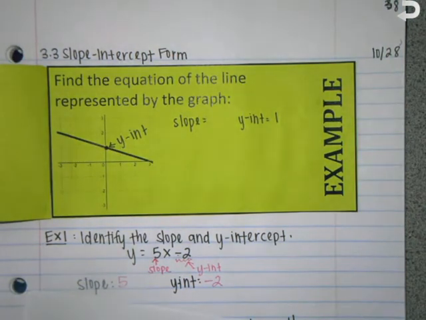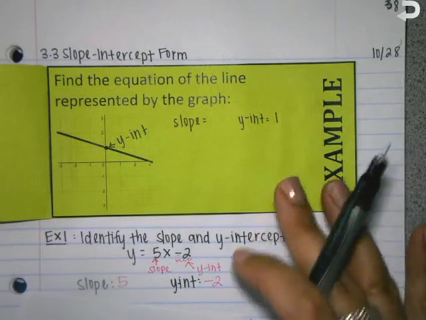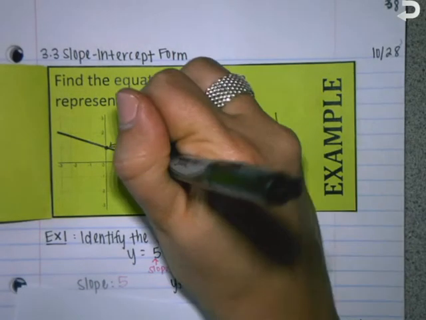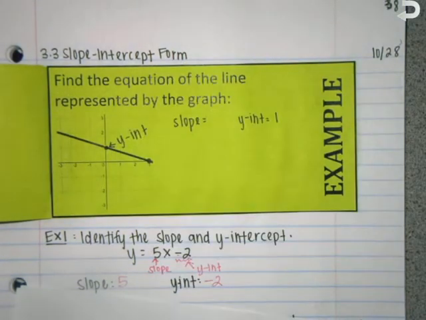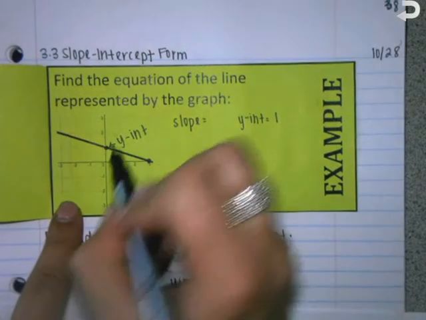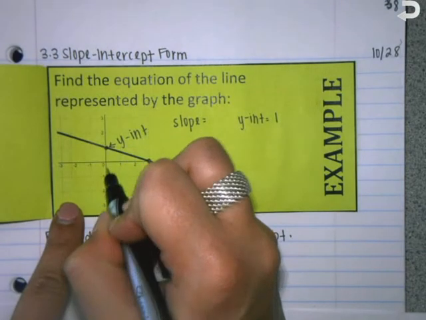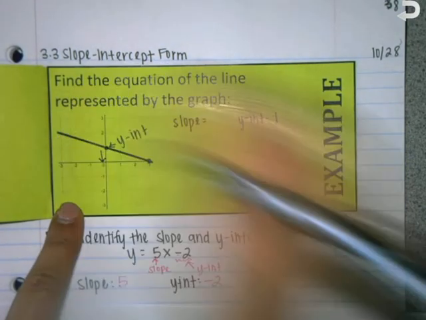In order to find my slope, I need to pick another point on the graph. I'm going to pick this one right here, 3, 0, just because it's easy to find. My slope is rise over run. So I'm going to start up here and go down. If I'm going down, what's my rise?